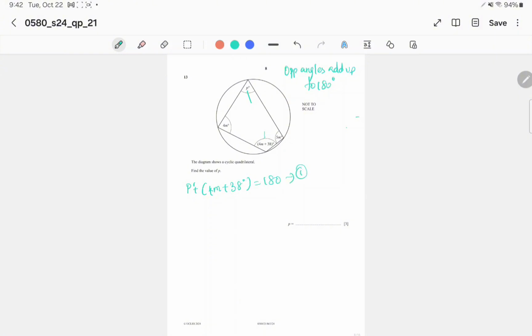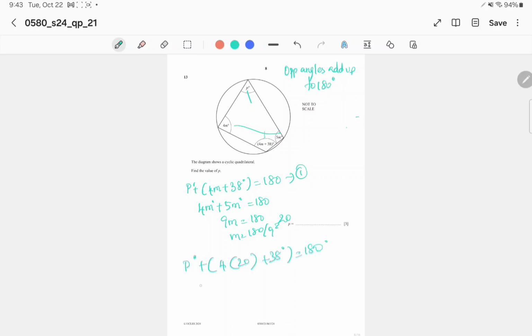One equation, and then these two opposite angles: it is 4m plus 5m equal to 180. So 9m equal to 180. So m is equal to 180 divided by 9 equal to 20. Okay, m is equal to 20. So substituting in the first equation, P degree plus 4 into 20 plus 38 equal to 180.